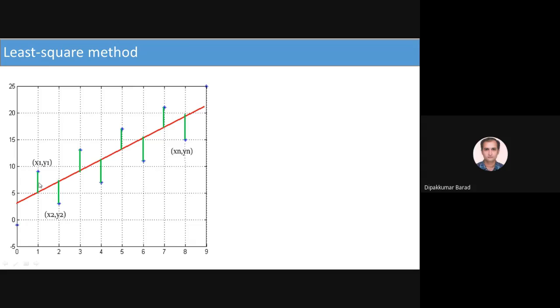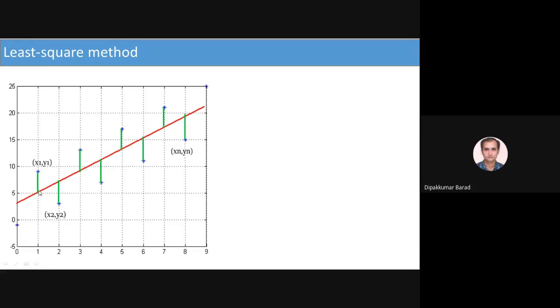If I find the difference between these two points, suppose this is x comma y and this is x1 y1, then y1 minus y gives a positive difference, but here y2 is less than y, so you get a negative difference. So what we do is take the square of all this.